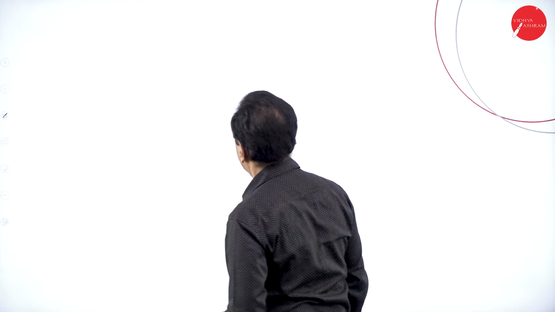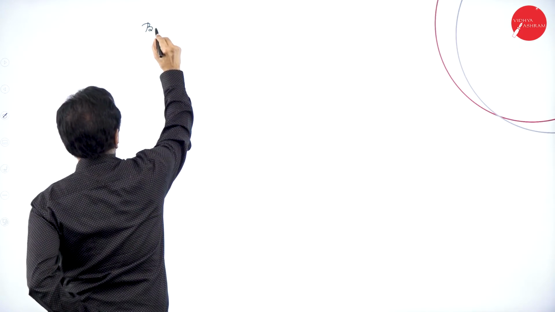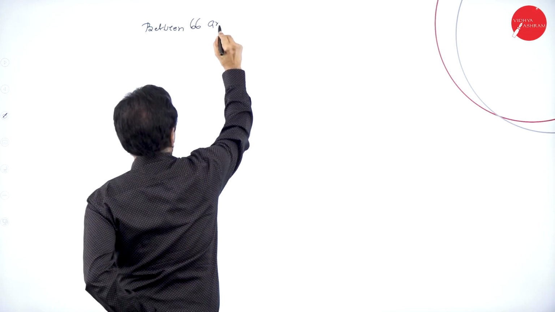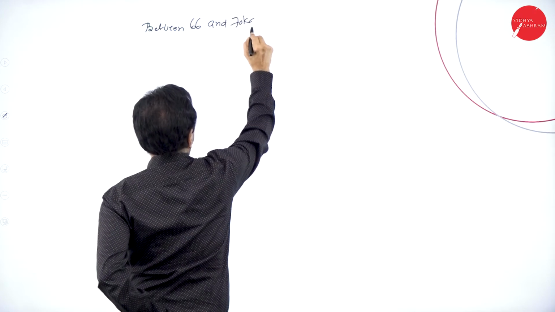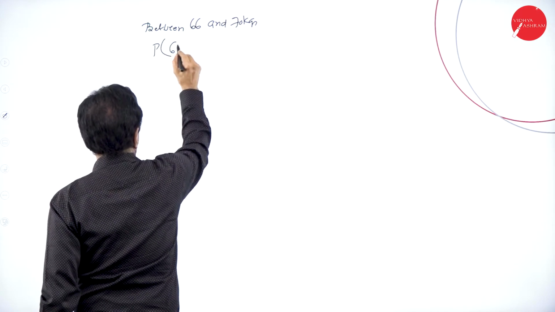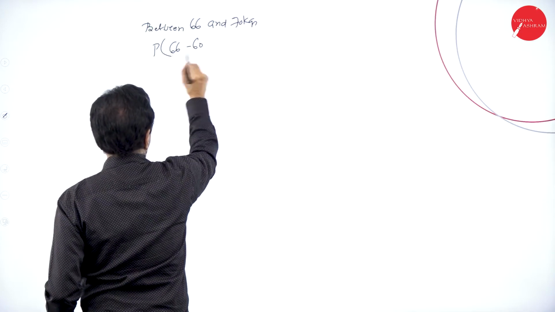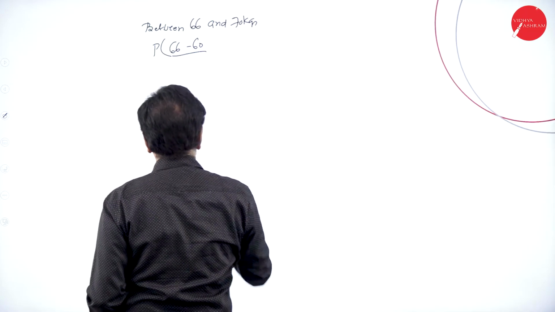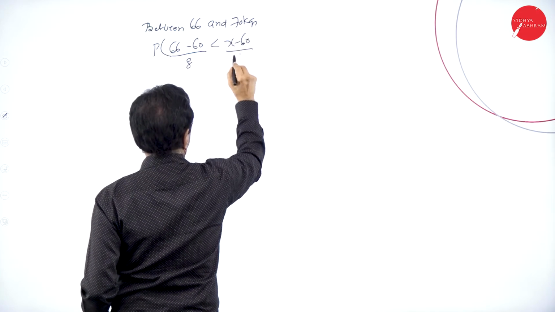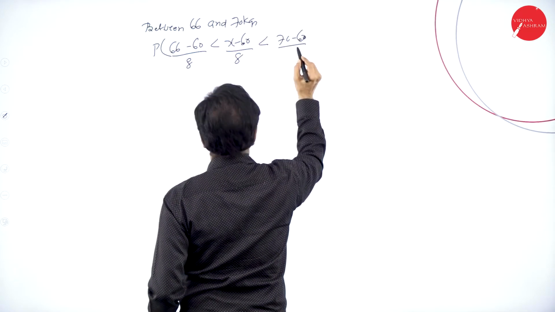So then, between 66 and 70 kgs. P of 66, what's your mean? 60, divided by standard deviation 8.